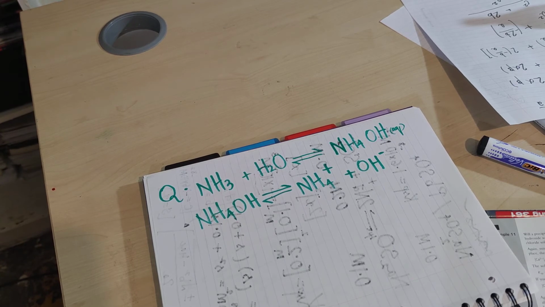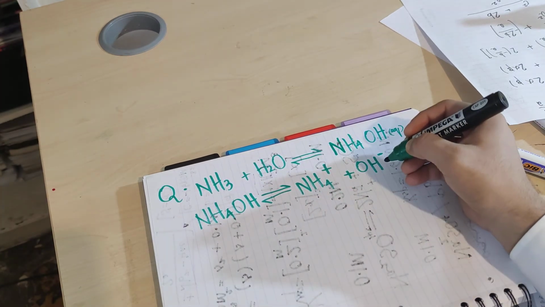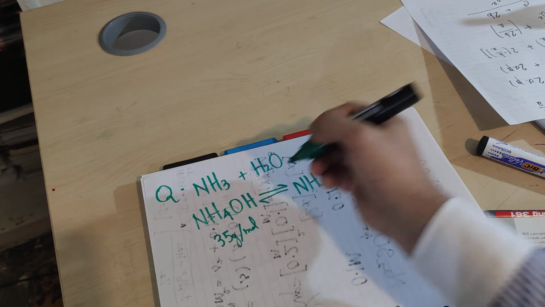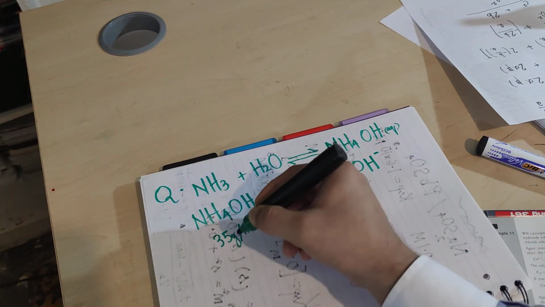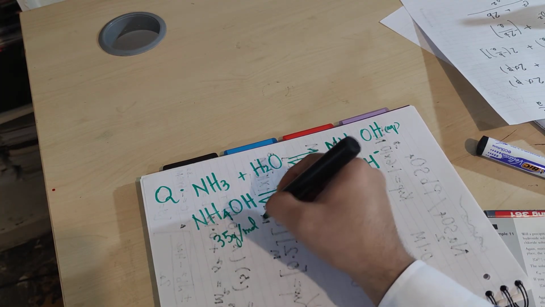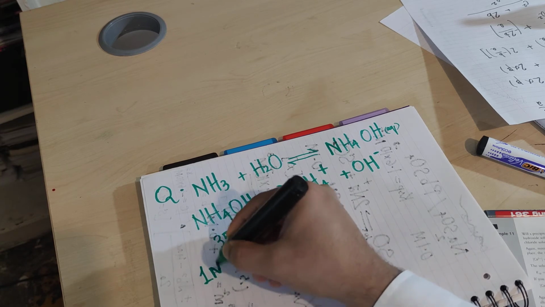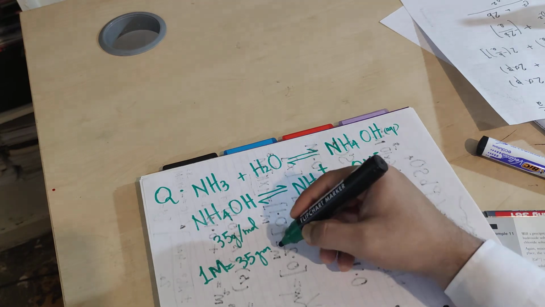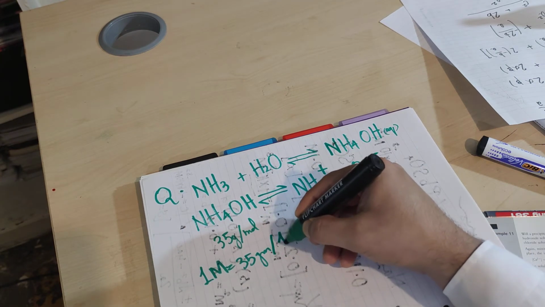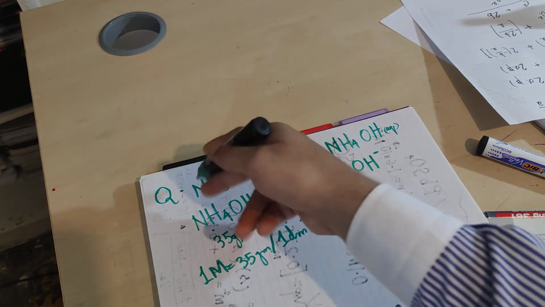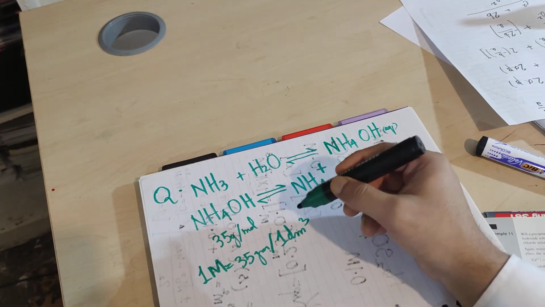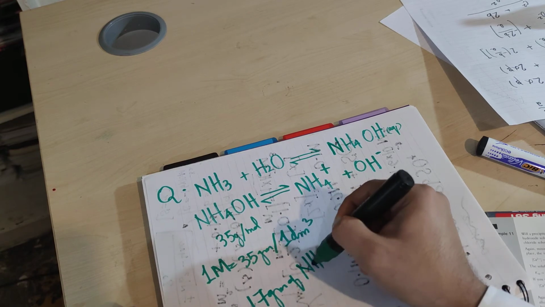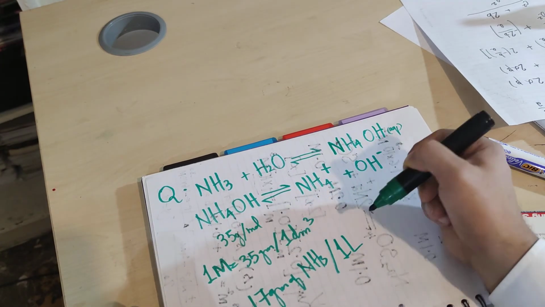It would be 35 grams per mole. So what you're saying is if it's 1 mole per dm cubed, it's 35 grams of ammonium hydroxide dissolved in 1 dm cubed of water, but in actuality it's 17 grams of ammonia dissolved in 1 liter.